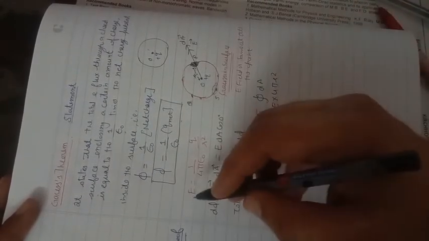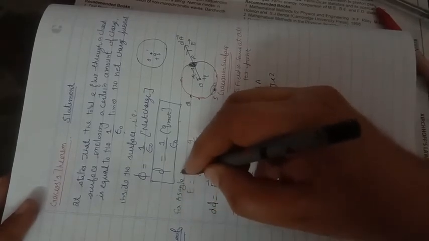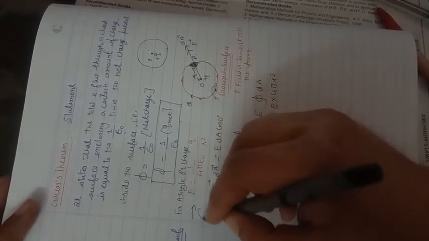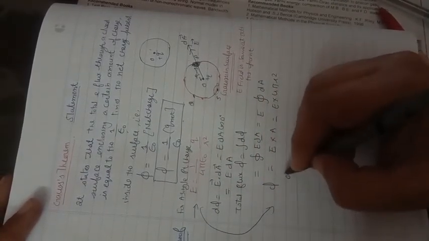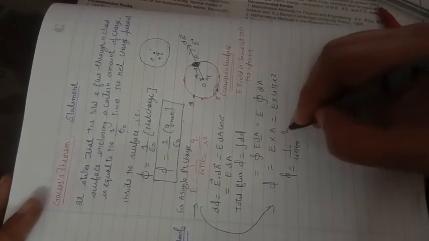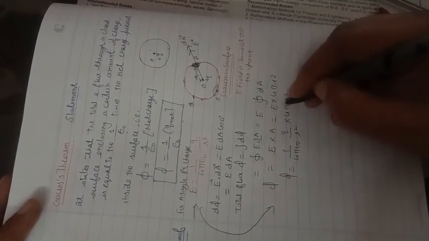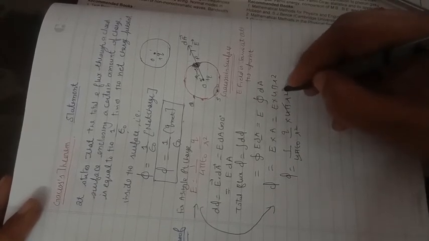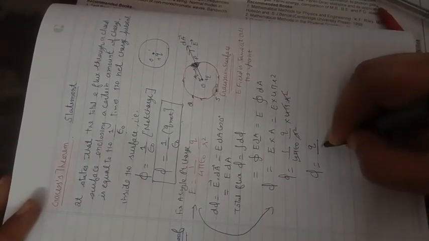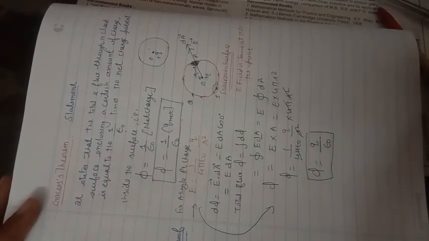Now for a single point charge, this is the value of the electric field E. Using this equation, phi is equal to 1 over 4 pi epsilon naught Q over r square into 4 pi r square. 4 pi gets cancelled, r square gets cancelled, and finally phi becomes equal to Q over epsilon naught. This is the proof of the Gauss theorem.